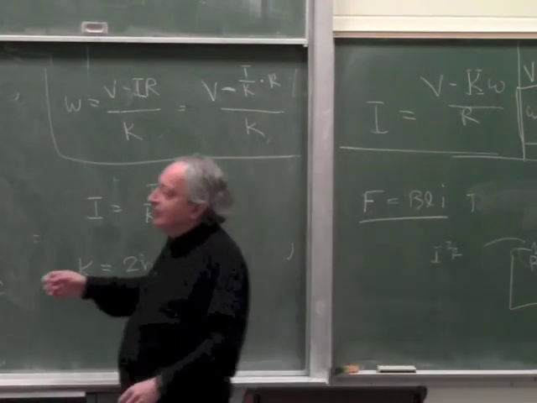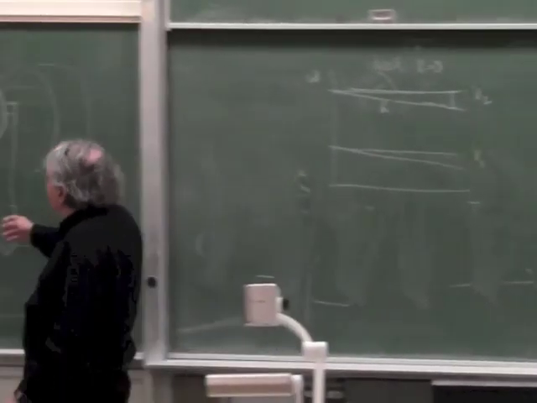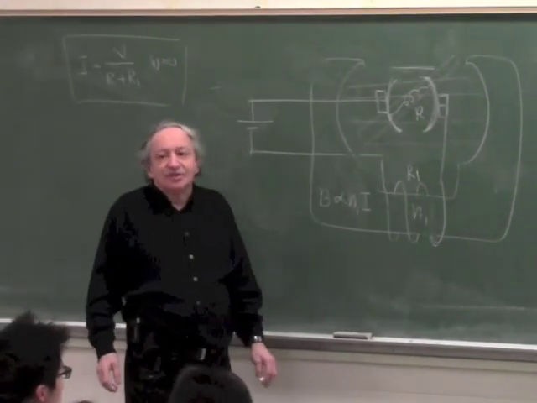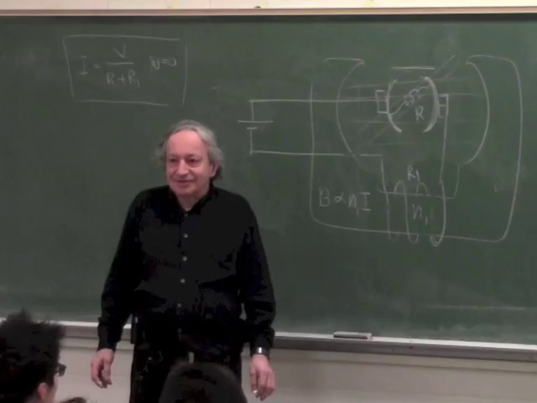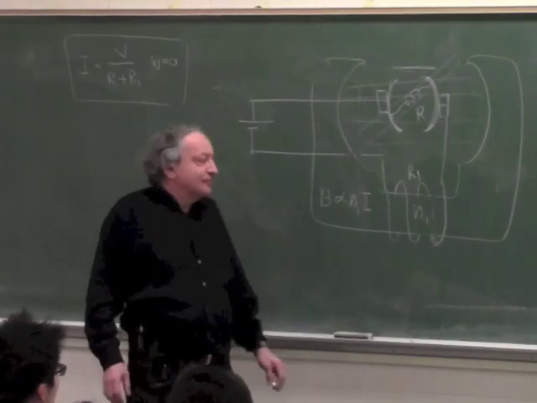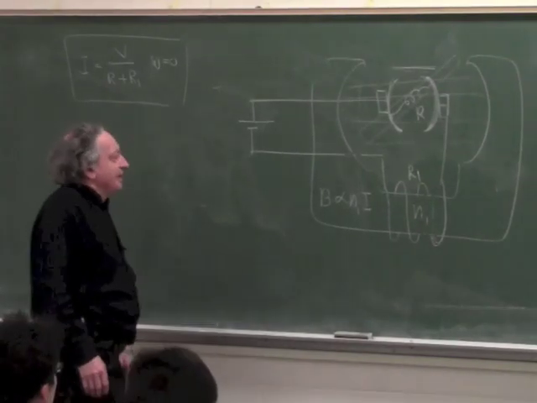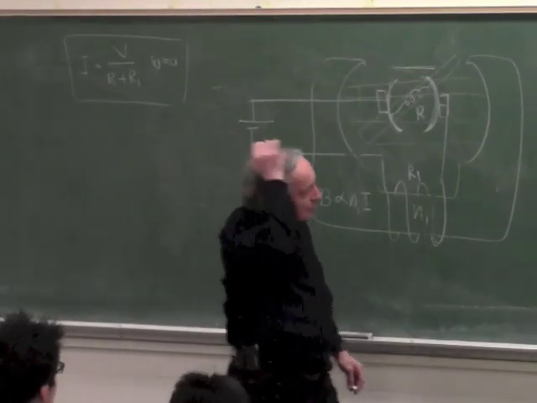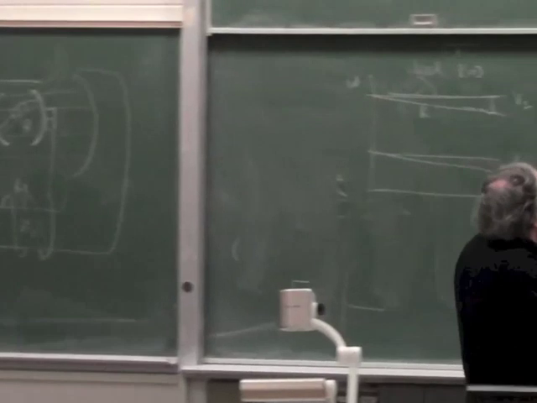But if you connect the armature in series with a field, B is no longer a constant. So what is changing now when we look at this equation?